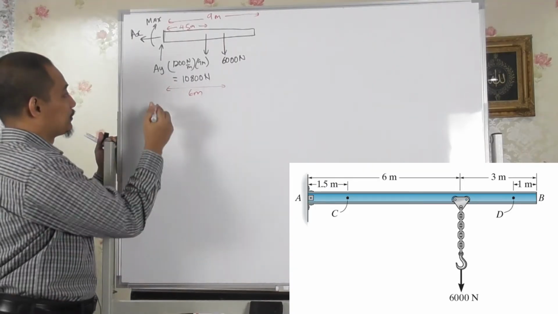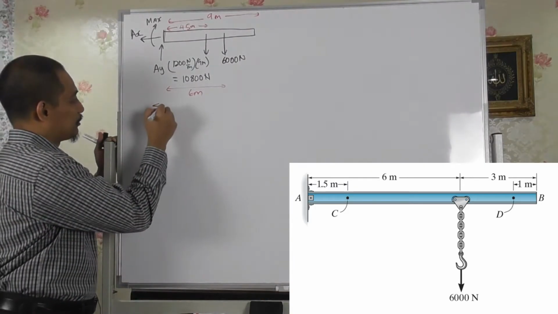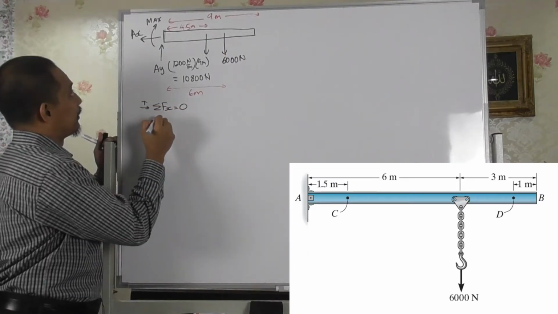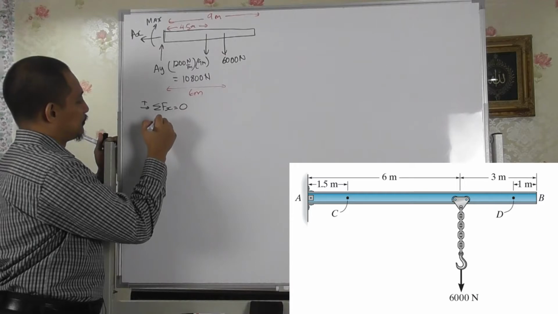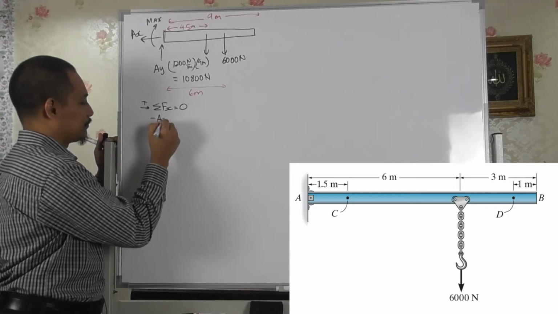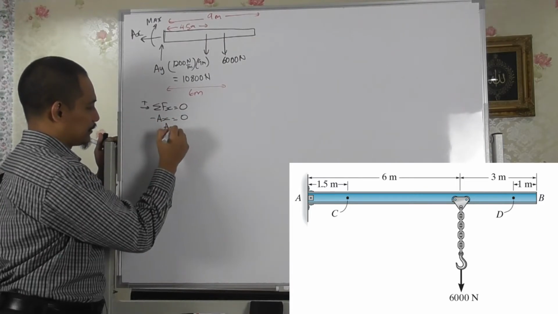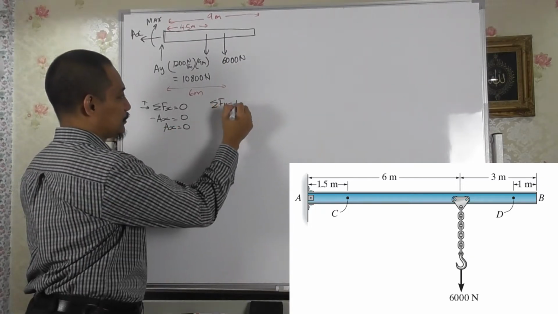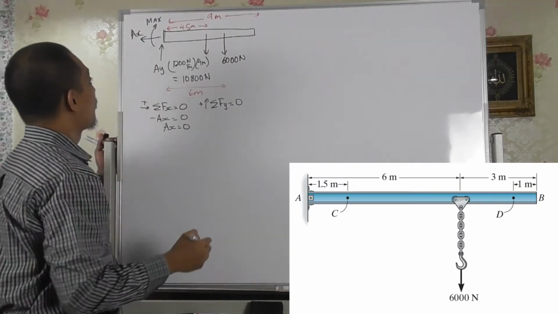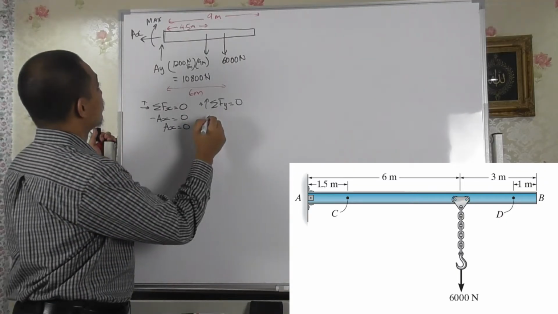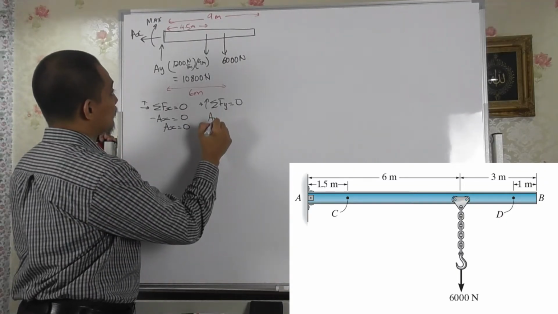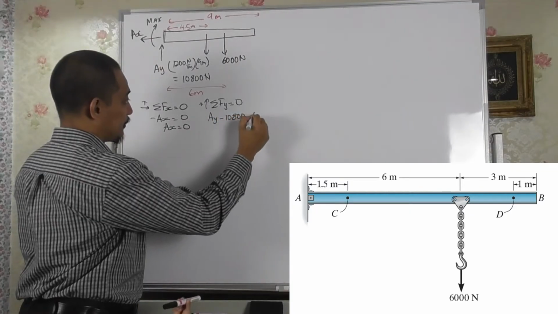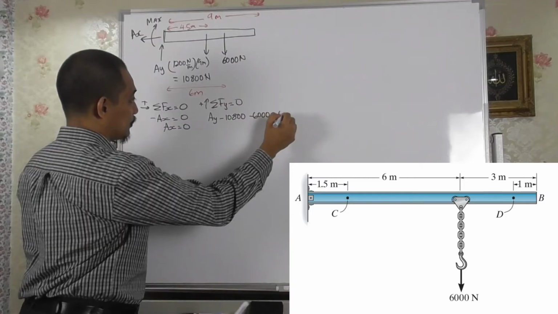Solving this, summation of Fx equal to 0, then Ax equal to 0. Summation of Fy equal to 0 upwards, so you'll have Ay minus 10,800 minus 6,000 equal to 0.